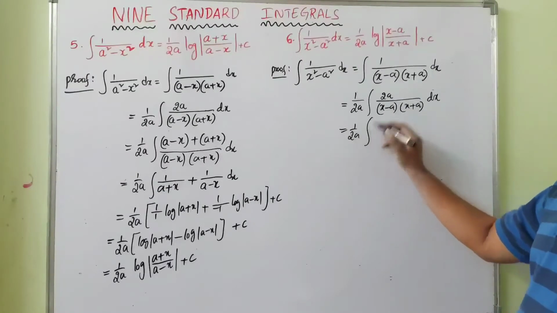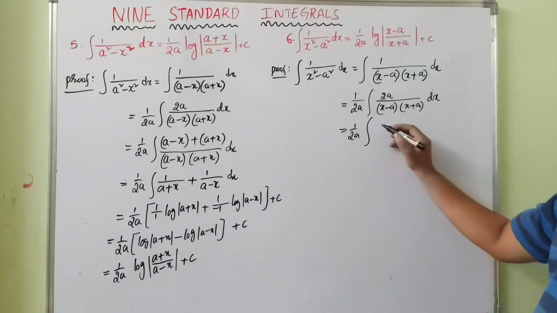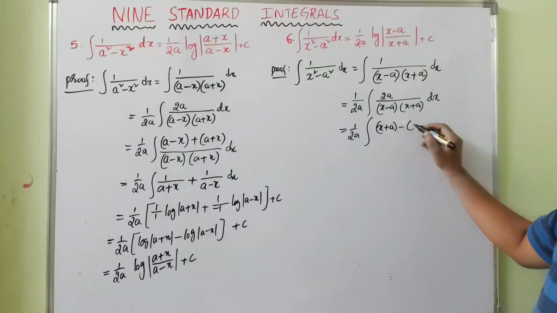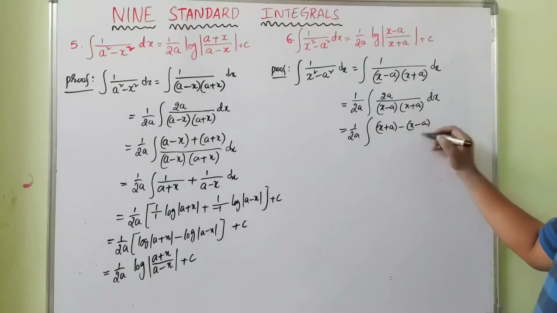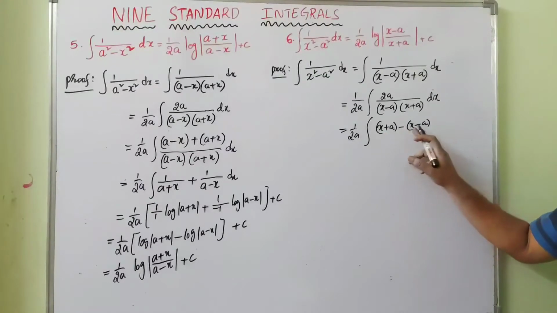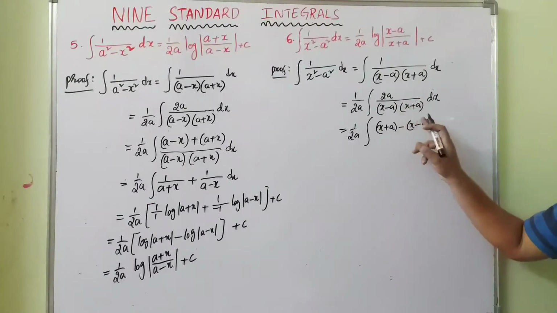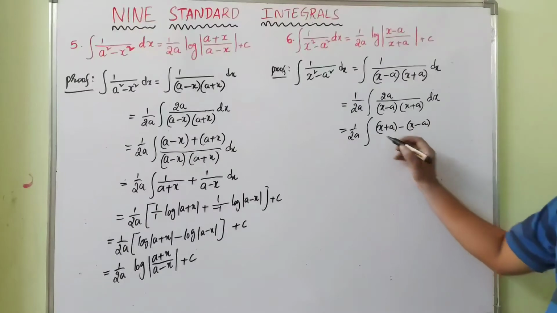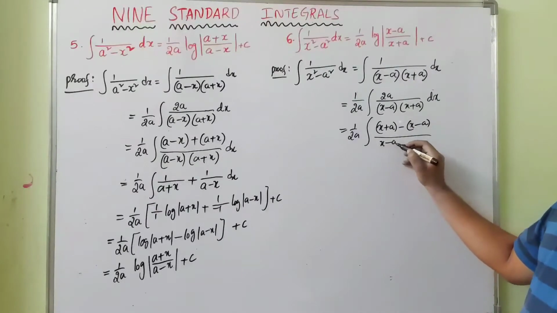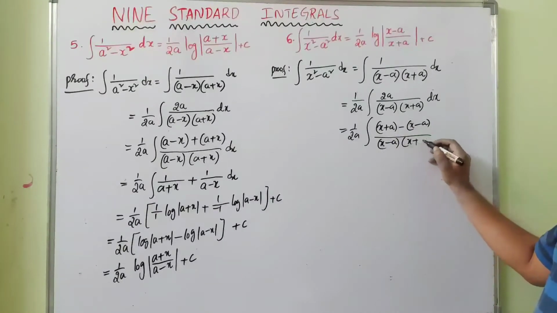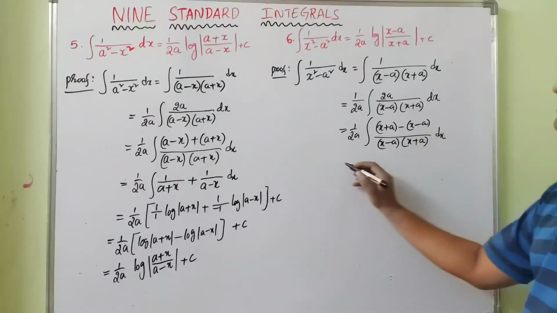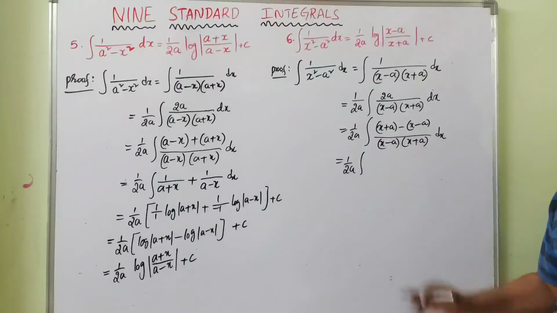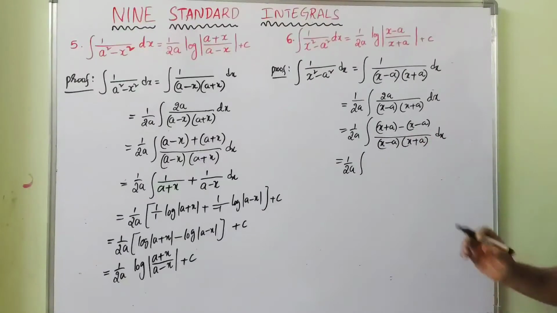I told you already, here 2a can be written as difference of x plus a minus x minus a. x plus a minus x minus a is what? 2a only, no? x gets cancelled, a minus into minus plus a is 2a by x minus a into x plus a dx. Now what I am doing is write the denominator separately for both terms.